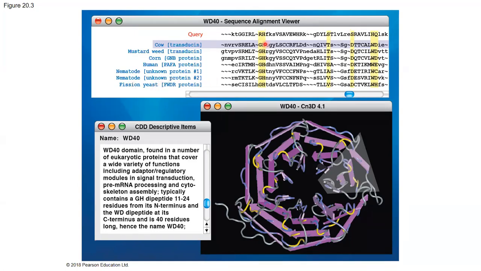And as you can see, these highlighted amino acids are common in all sequences, which means that these are the amino acids most important for the function of this protein. This is another software that shows the structure of this protein, for example. Okay.